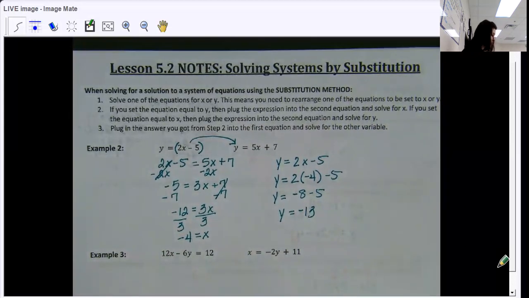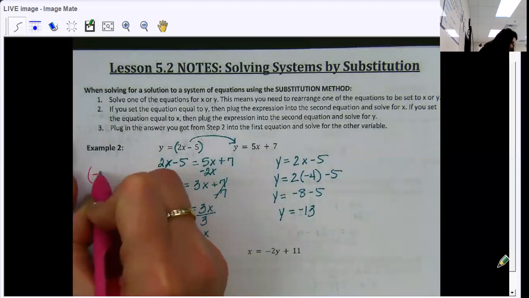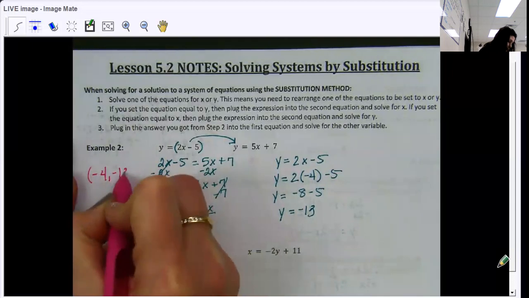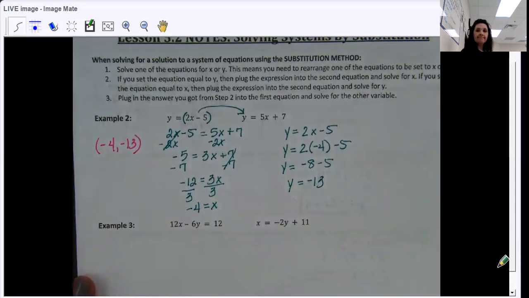So our solution for this problem is (-4, -13). Okay, so we're going to move on to example 3.